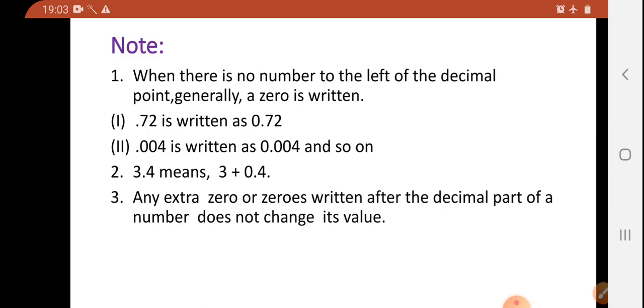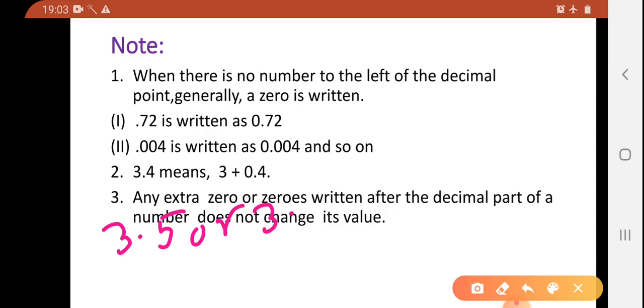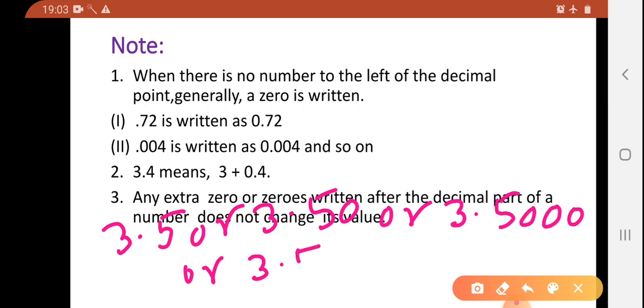As for example, the value of 3.5 is the same as 3.50 or 3.5000 or 3.500000.